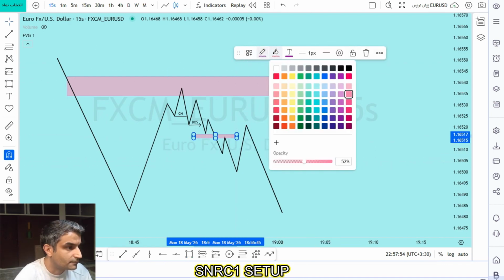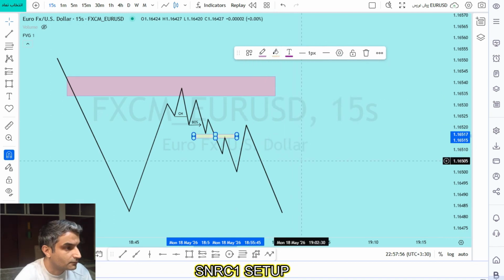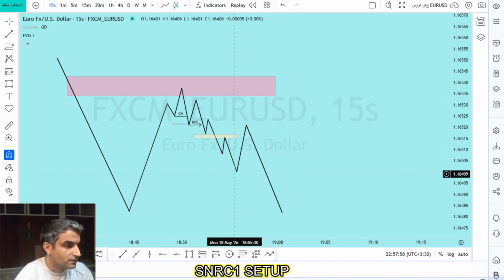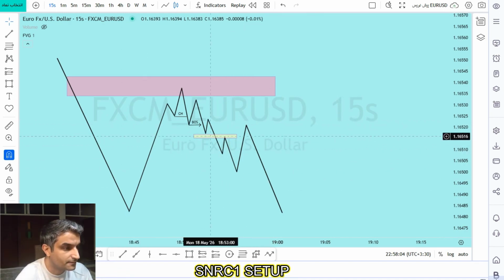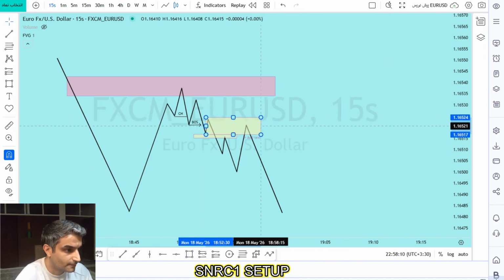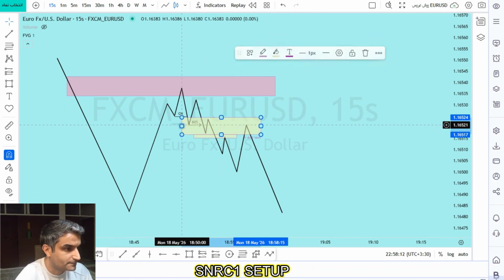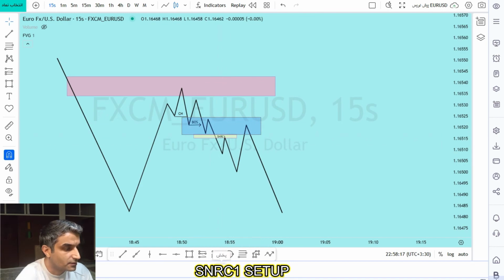I don't name it. Then price comes up to this area, and this is the SNRC1 area.